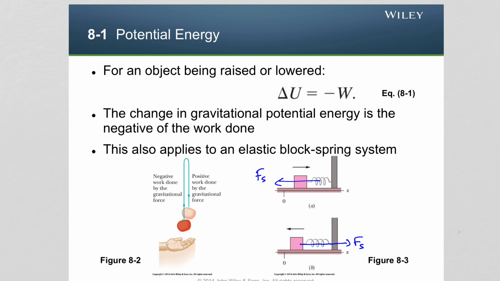The block stops for an instant when the spring is maximally stretched, and then all the elastic potential energy stored in the spring is used to accelerate the block back to the right. And this energy will then be transferred to the block as kinetic energy. So we here have a conversion between kinetic energy of the block and elastic potential energy of the spring.